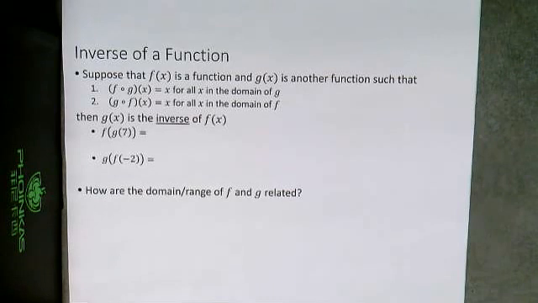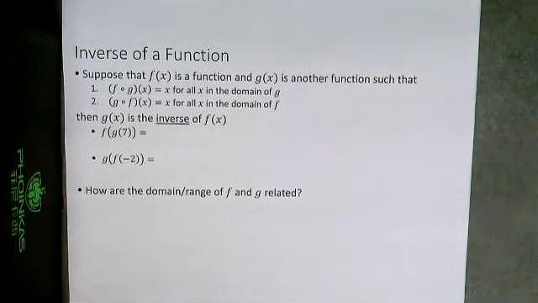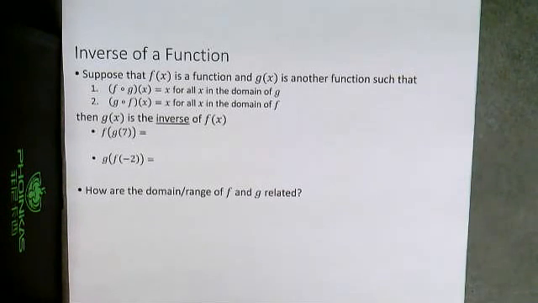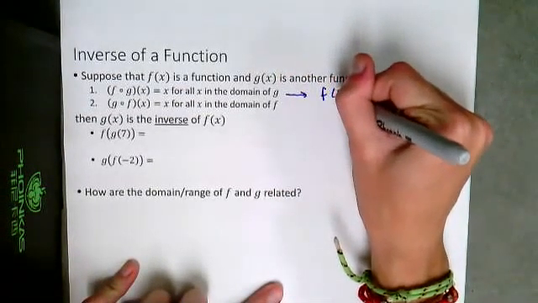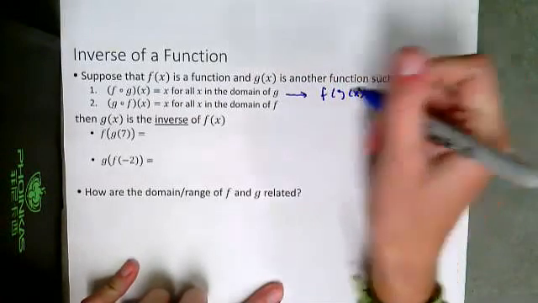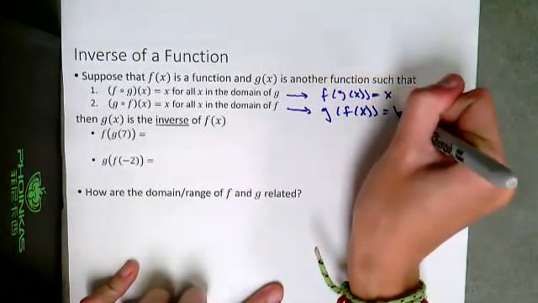Inverse of a function. Suppose that f is a function and g is another function such that f composed with g of x is equal to x for all x in the domain of g, and that g composed with f of x is equal to x for all x in the domain of f. Then g is the inverse of f. So f of g of x is equal to x, and g of f of x is equal to x.